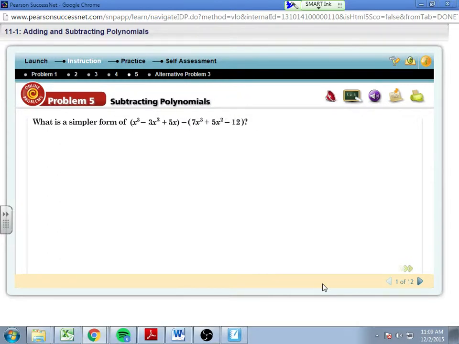So I take each of these, and mentally this is what I'm doing. x cubed minus 7x cubed. Then negative 3x squared minus the 5x squared. So working one at a time, x cubed minus the 7x cubed, what x cubed do I have? Negative 6, right?